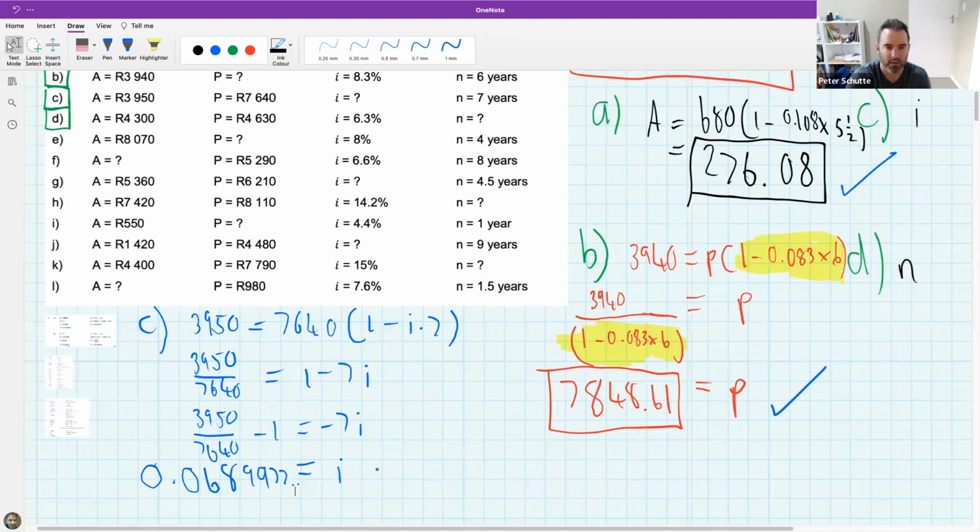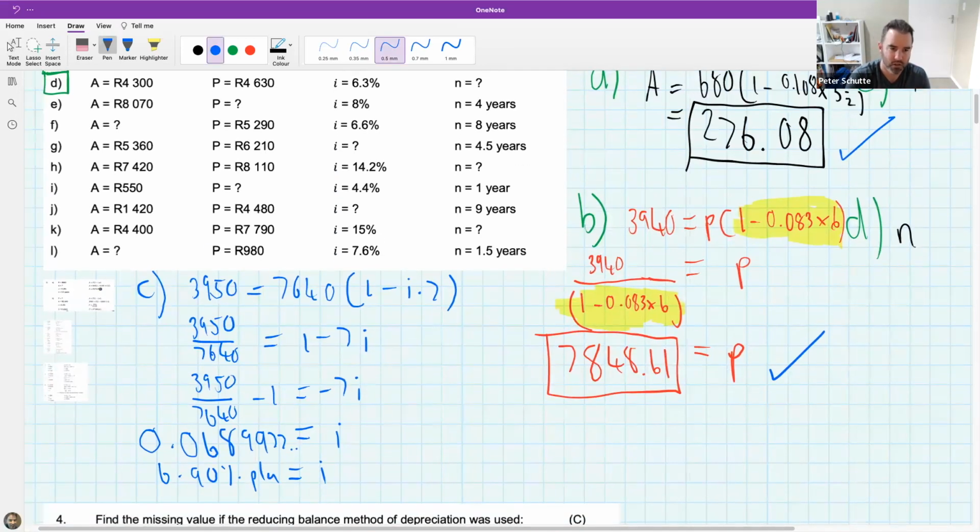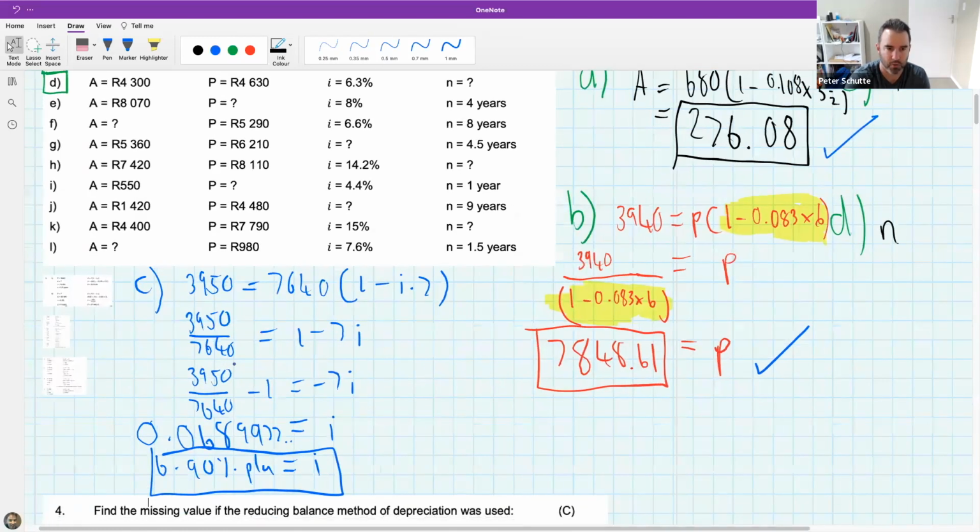Okay, and then normally we leave this, it will be a depreciation rate, but it will be 6.90% per annum. So we're losing about 6.9% of its value every year that goes past.